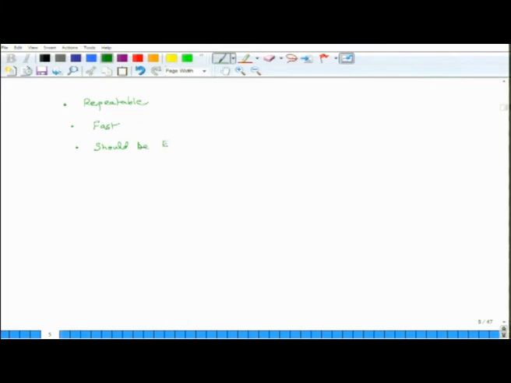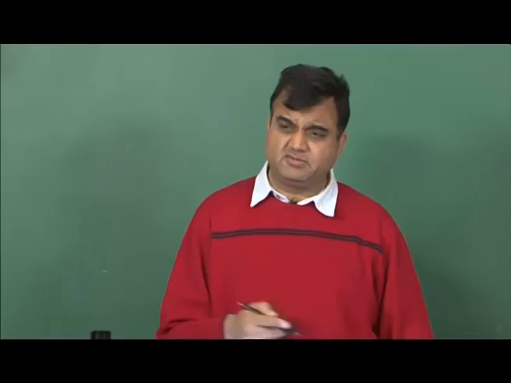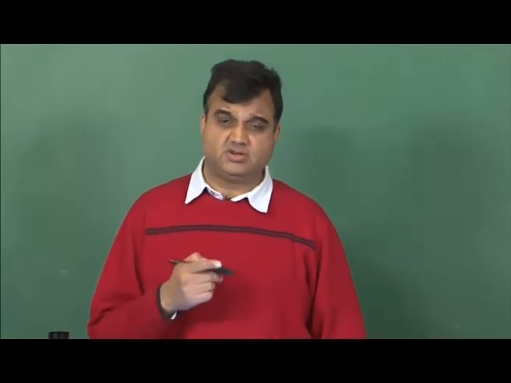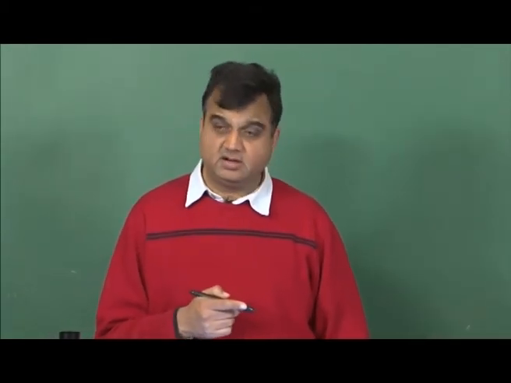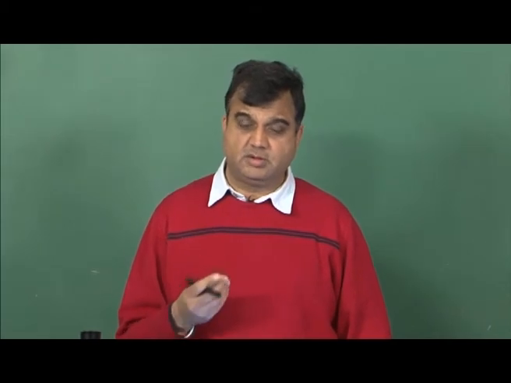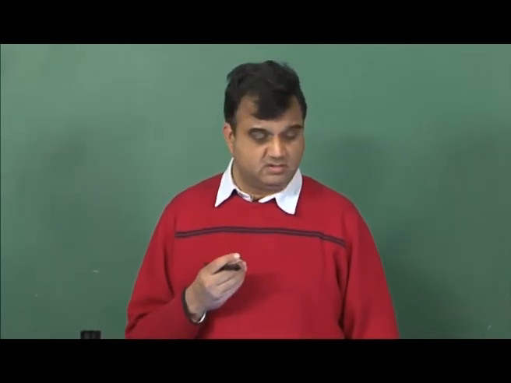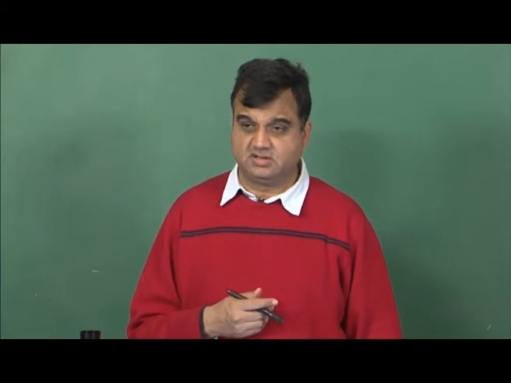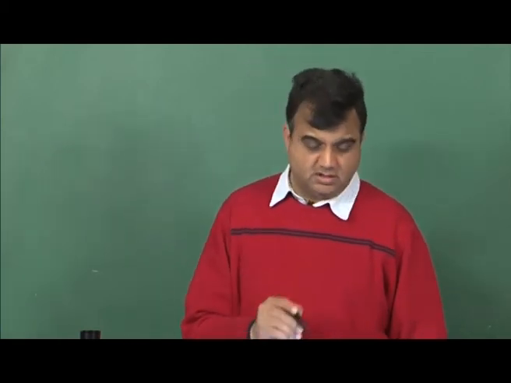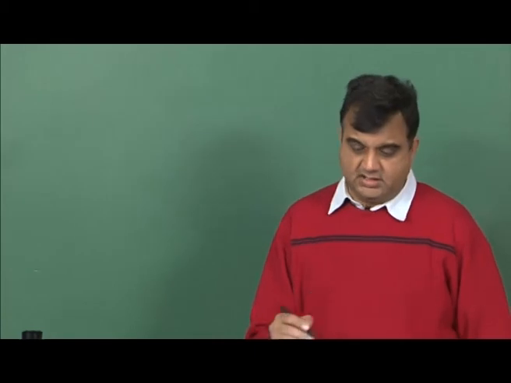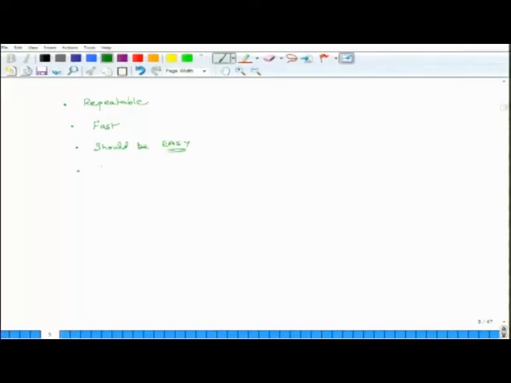be easy. Now, this may sound trivial, but a lot of composite production processes are time intensive, they require several steps, they require experience on part of the users or of the fabricator. So, you need a good amount of expertise when producing composite structures. So, this is important in that context, and then of course, it should be inexpensive.